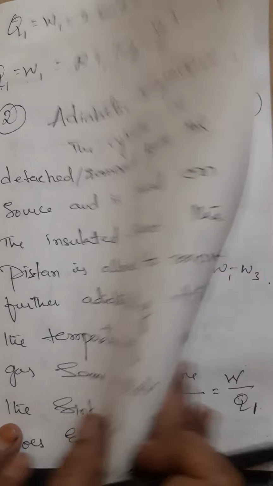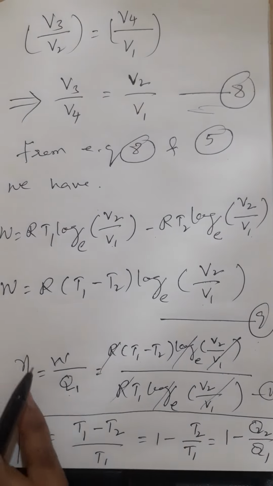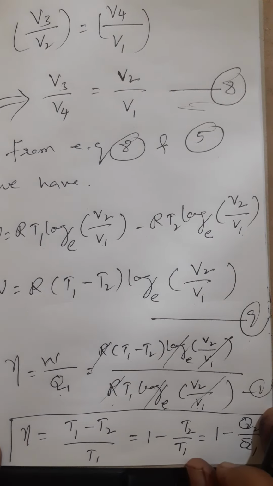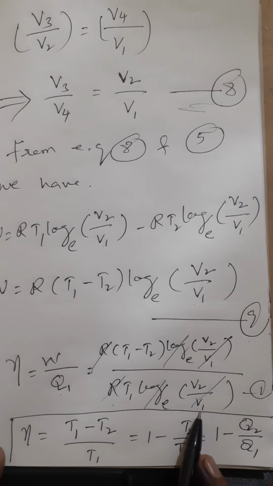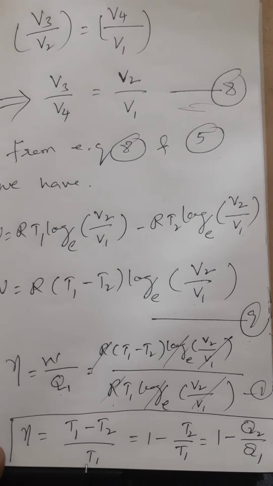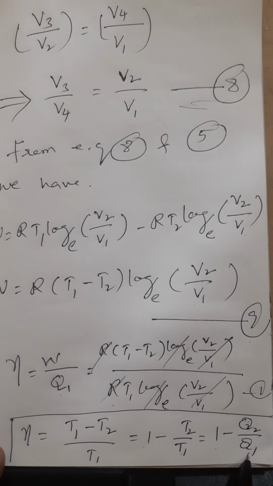So R gets cancelled, log_e V2 by V1 gets cancelled. Then we will get eta is equal to (T1 minus T2) by T1, which is equal to 1 minus T2 by T1, which is equal to 1 minus Q2 by Q1.